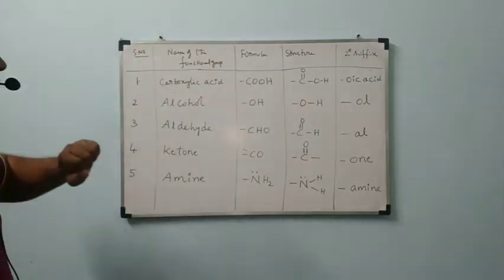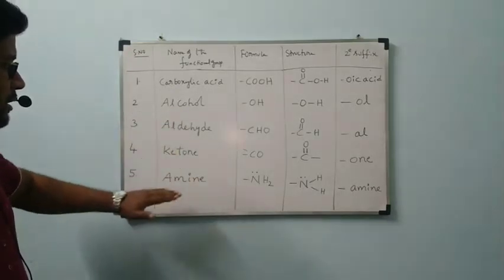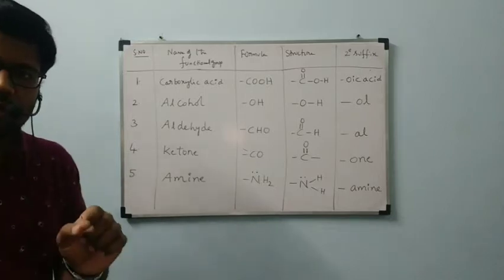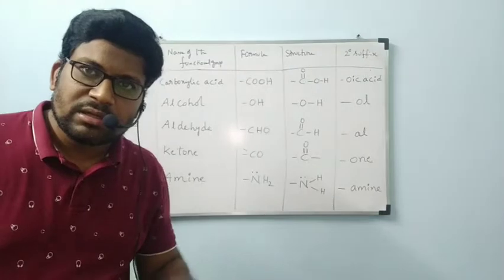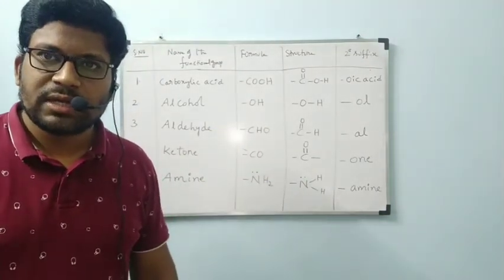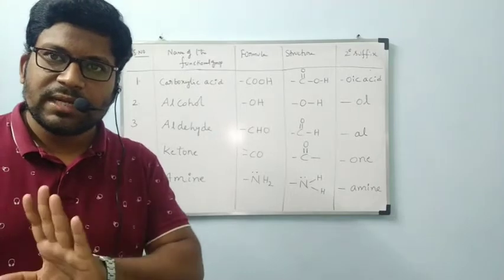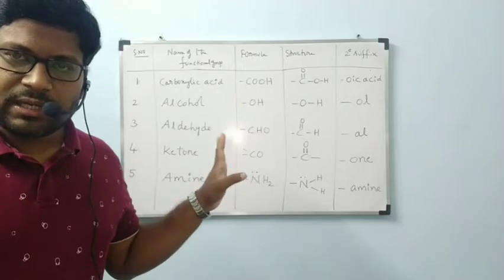First one carboxylic acid, second alcohol, third aldehyde, fourth ketone, fifth amine. For every functional group I will explain so many examples and how to write the names, and everything will become clear, no problem at all. First thing, you have to write the table neatly and practice that.